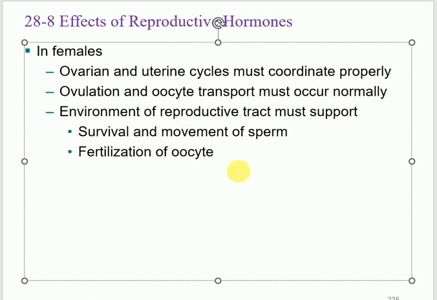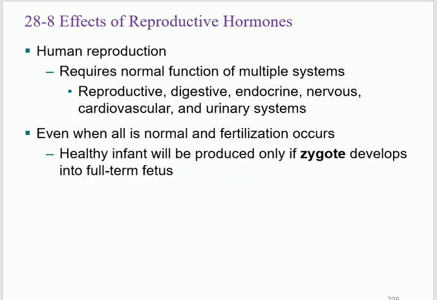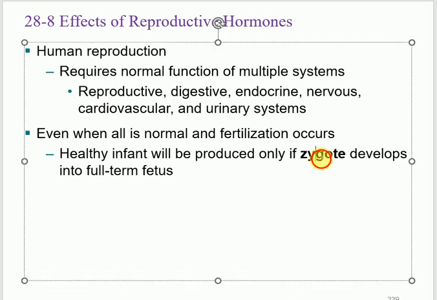If both of them are okay, the secondary oocyte is released, picked up by the fimbriae, moving down, and if the sperm is coming from the other side, fertilization occurs in the fallopian tube, and the zygote will form. The zygote will move into the uterus, attach, and form the placenta, then start to grow into an embryo.